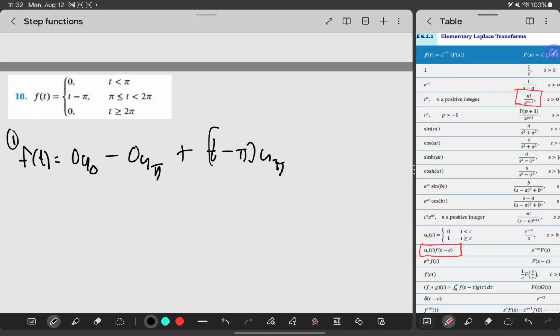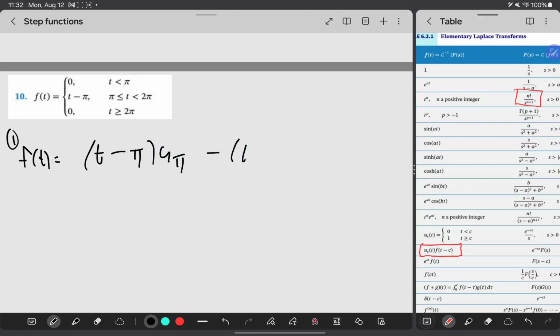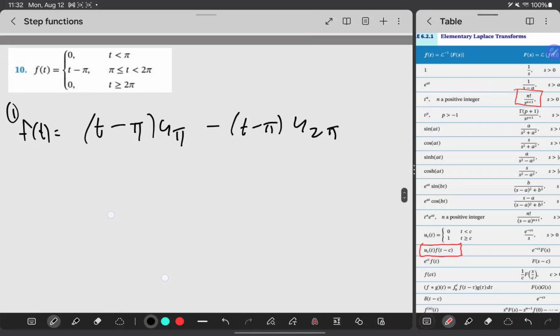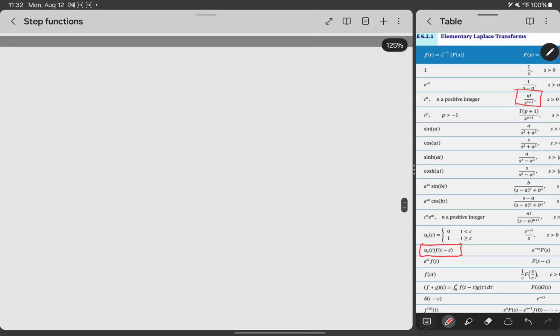Oh, I'm doing it the other way first. All right, let's go by the jumps. Start with 0, going up by t minus pi times u of pi. And then we're going down t minus pi. So that's u of 2 pi, right, because we have to go back to 0, so we have to go down that.